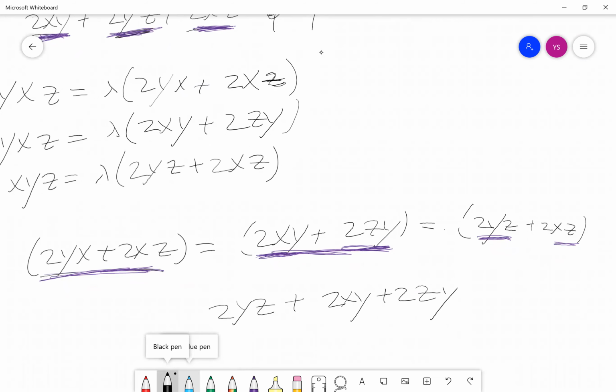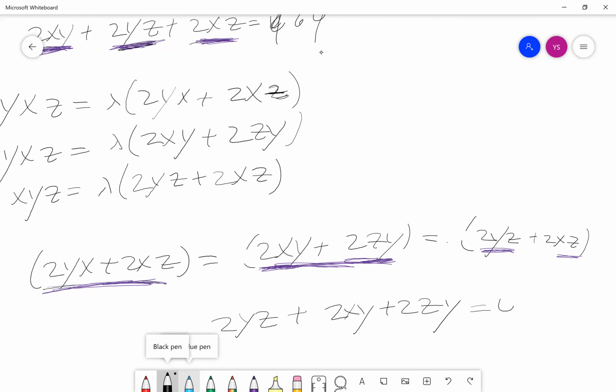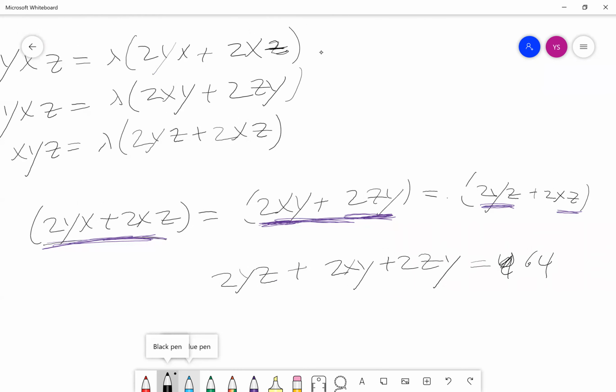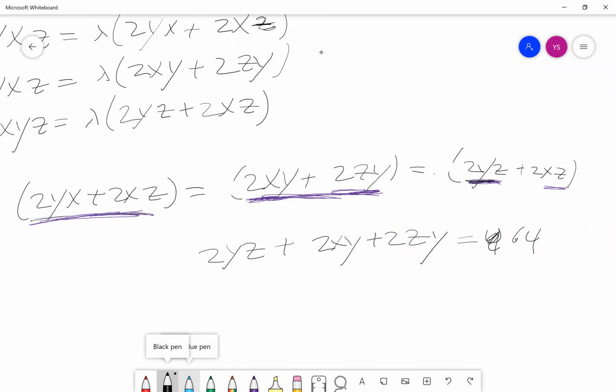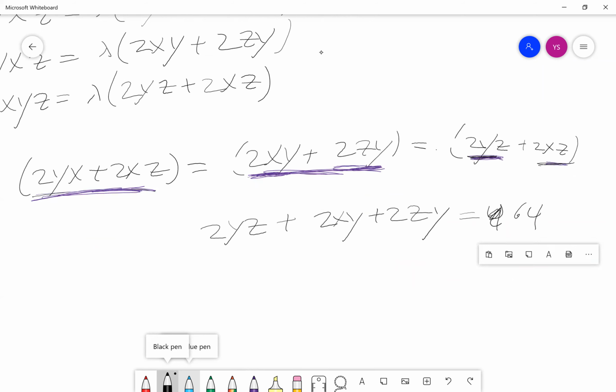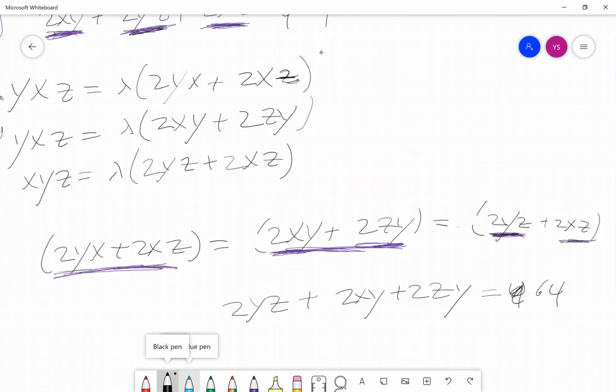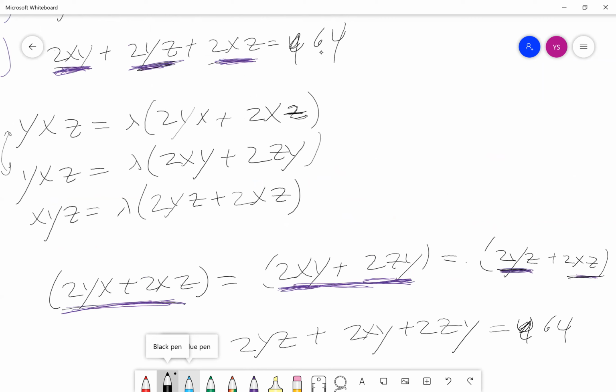We know that this entire thing is equal to 64. Okay, the next step that we can do is we can take our 2yz over here and our 2xz, and we can also substitute that into this equation, 2yz over here, 2xz.